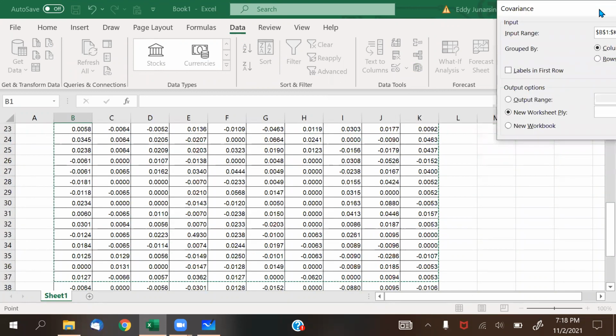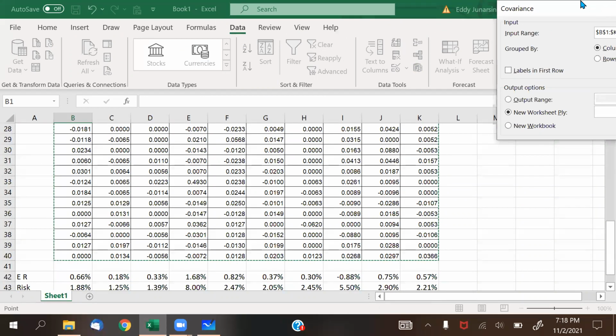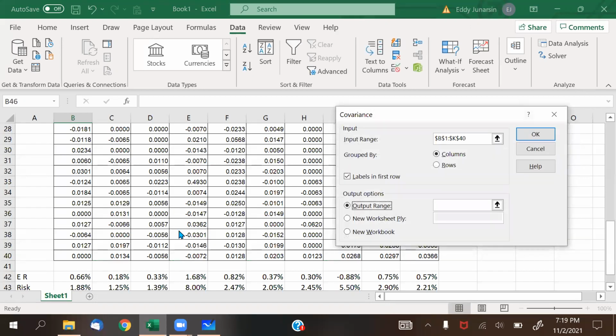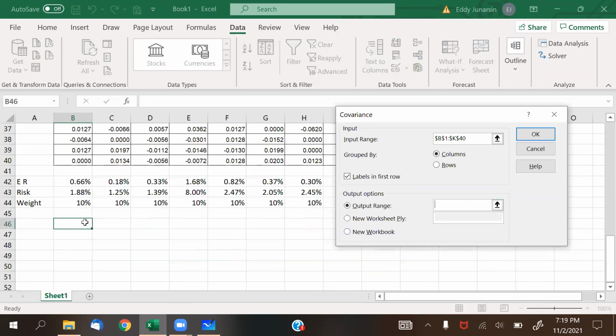Then grouped by columns, labels in the first row. I have labels there, you notice that? Then output range, I will ask the output to be positioned maybe here. You can position it anywhere. You can make a new worksheet or even a new workbook if you want.